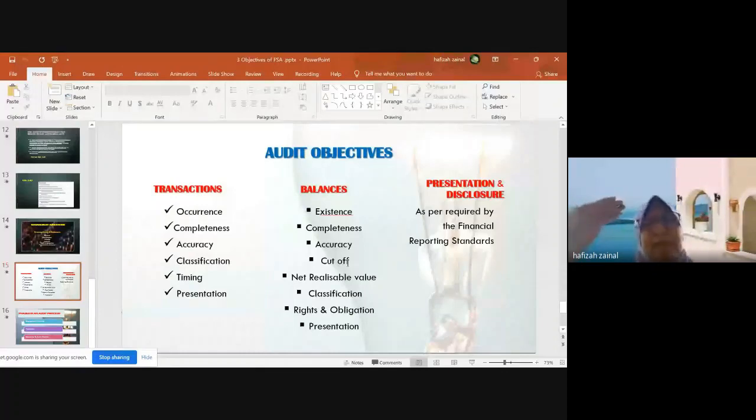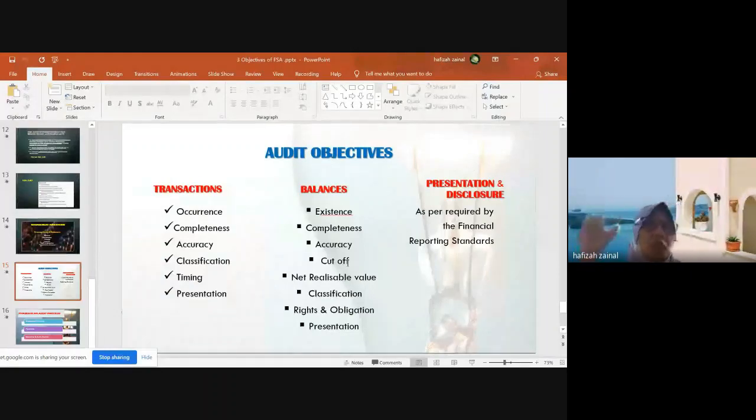And then rights and obligations actually reflect ownership. As I mentioned just now, rights means you have the rights on your assets, and you are obliged to settle your liabilities. So that reflects ownership. And of course, last is presentation, that means the format of presentation and disclosure in accordance with the financial reporting standard.